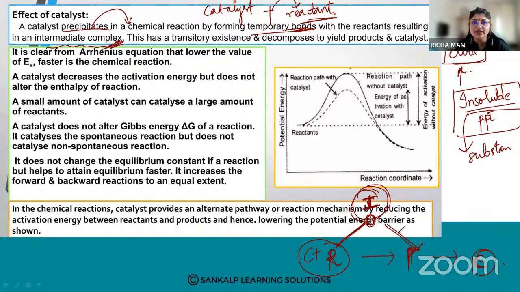This intermediate complex further undergoes change into products. When it forms product, the catalyst will move out. It will decompose into products and the catalyst. Okay, fine.